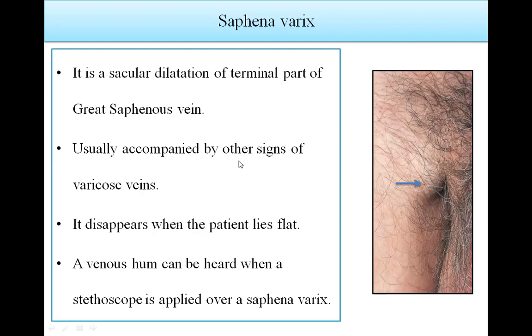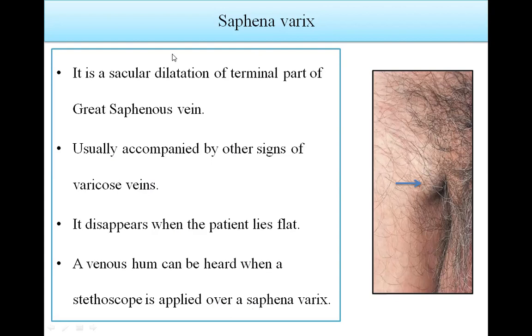It is usually accompanied by other signs of varicose vein. This saphena varix or this swelling is accompanied by the varicose veins. It disappears when the patient lies flat. A venous hum can be heard when a stethoscope is applied over the saphena varix.